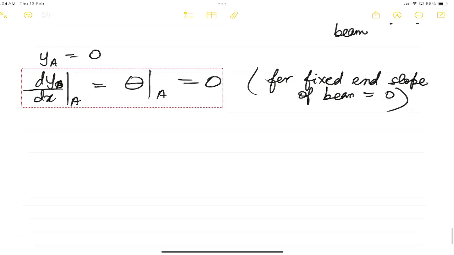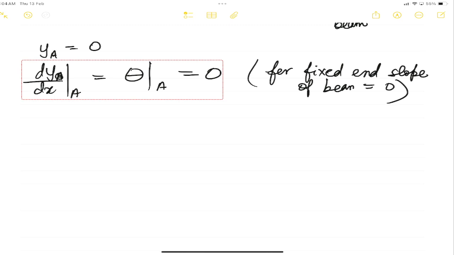I will talk of the shear force and bending moment a bit later.